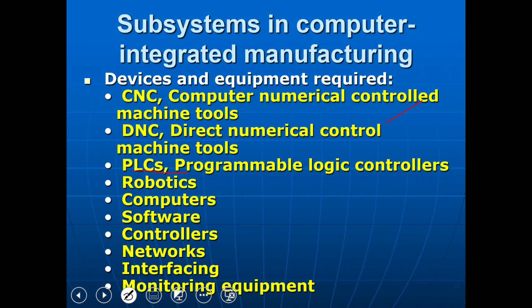They have a certain machine to slide the workpiece into the jig inside the machine. They use programmable logic controllers to make adjustments, sensors, robotics, computers, software, controllers, networking, interfacing, and monitoring equipment. So these are the devices and equipment required.